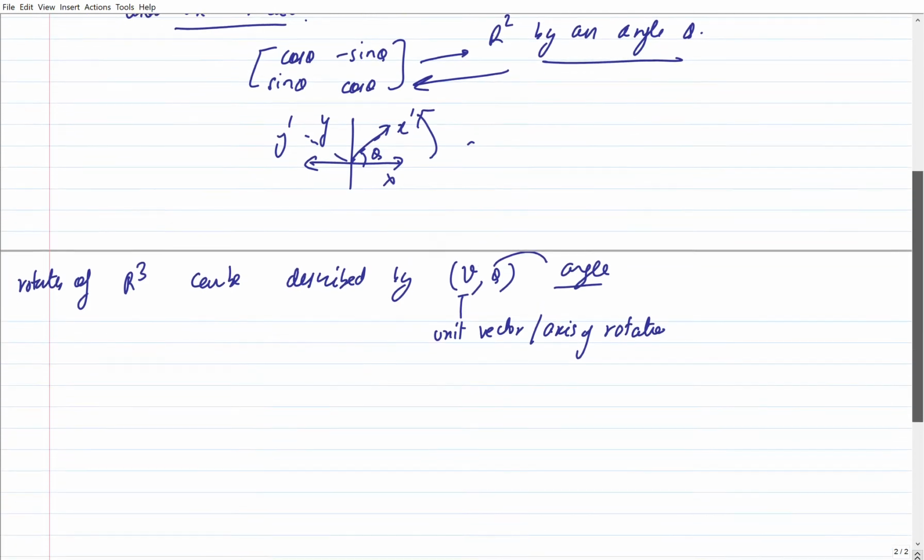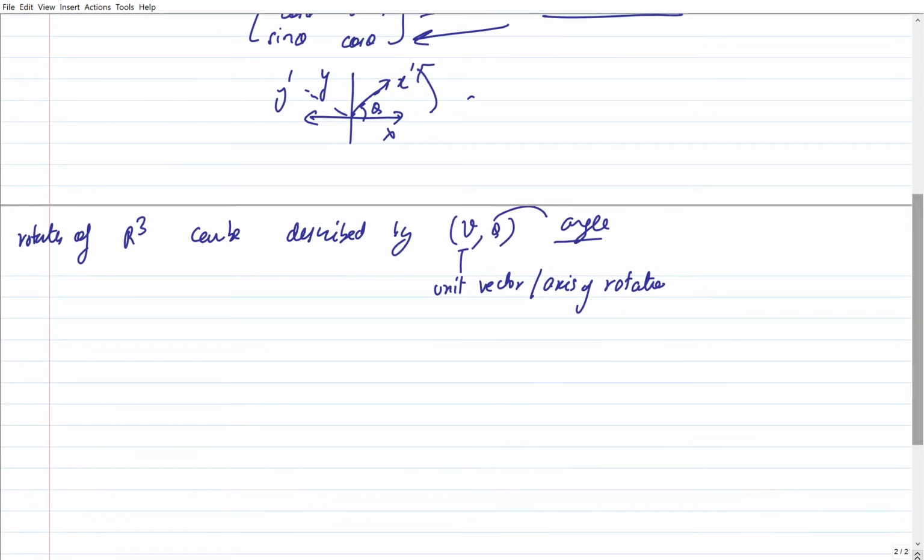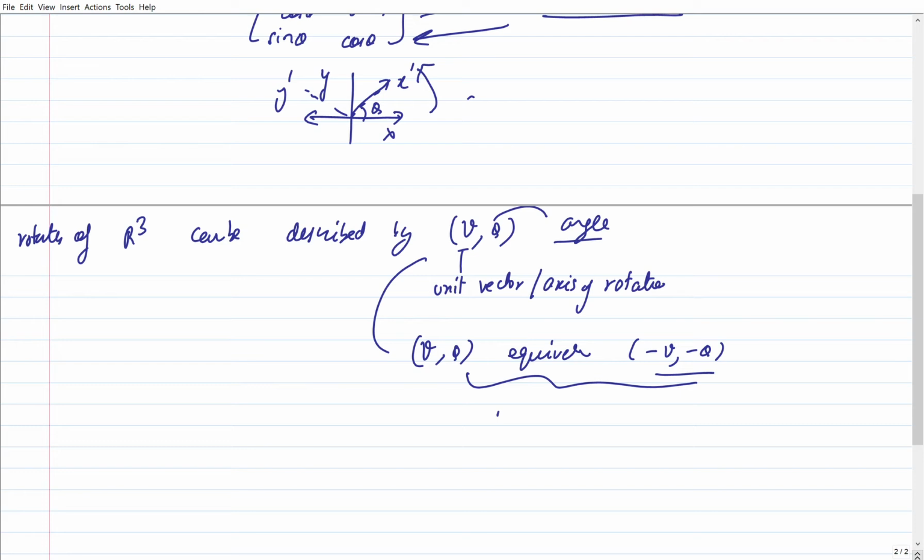And you can also say that this rotation is equivalent to this one, with the opposite direction and the opposite angle. Think about it, they represent the same rotation.